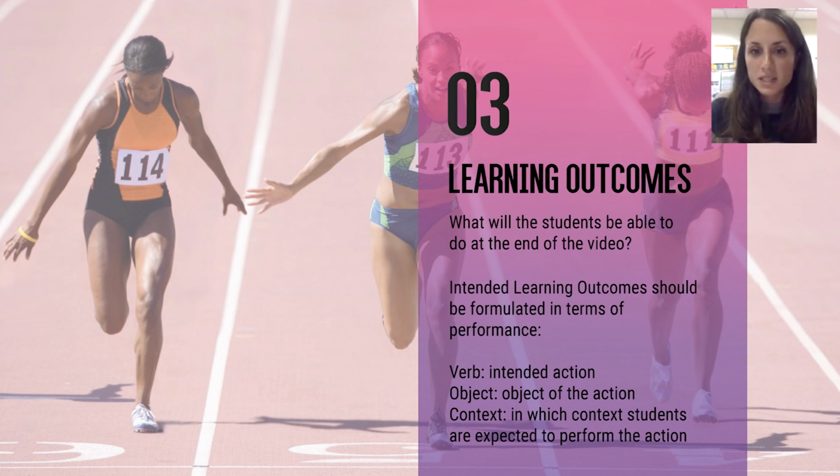That means that at the end of the video, they will be able to perform something. So I will need to formulate them with a verb, that is the intended action, then an object of the action, and the context in which students are expected to perform that action.